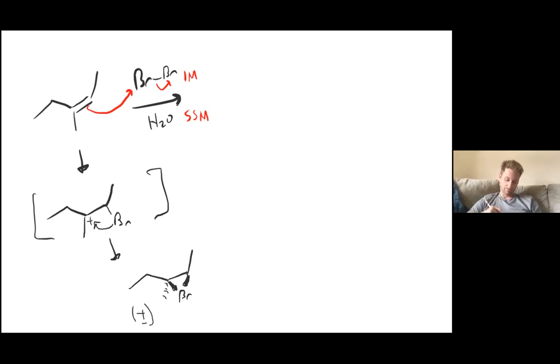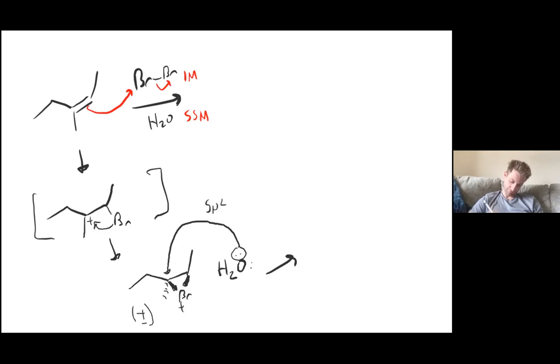So it's infinitely more likely that at this point, instead of having another Br come in and attack, your water is going to come in and attack. It's still going to want to attack at the more substituted center because this Br bond is weaker there. It's going to do an SN2, which means it's going to flip the stereochemistry.